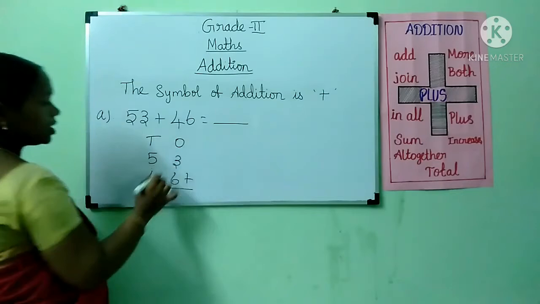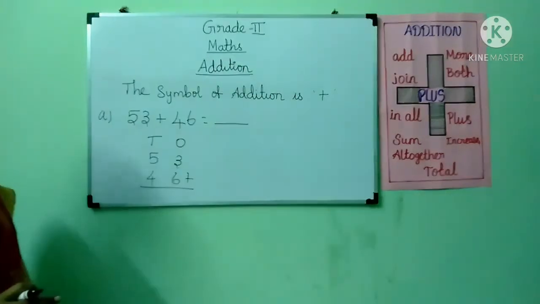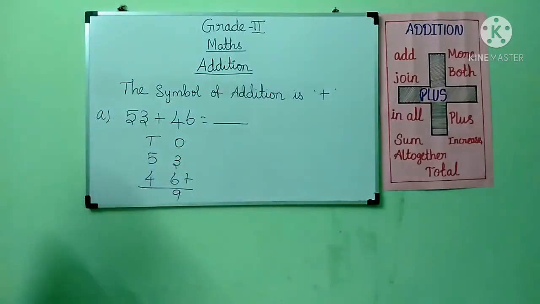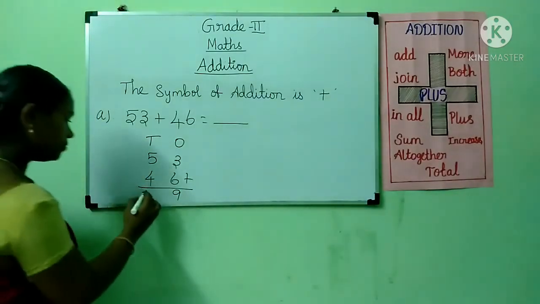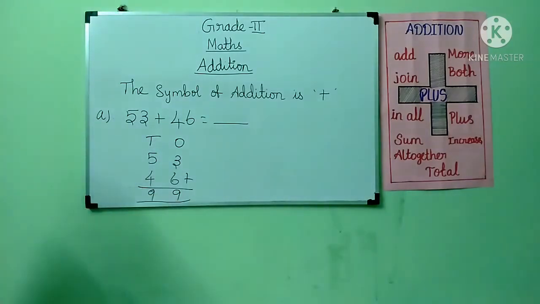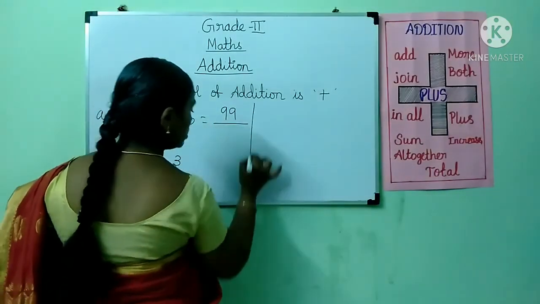First add this number, add from ones place. 3 plus 6, yes, 9. 5 plus 4, also 9. Very good. So 9, 9. So what will come the answer? 99. Here write 99. Are you clear, children?